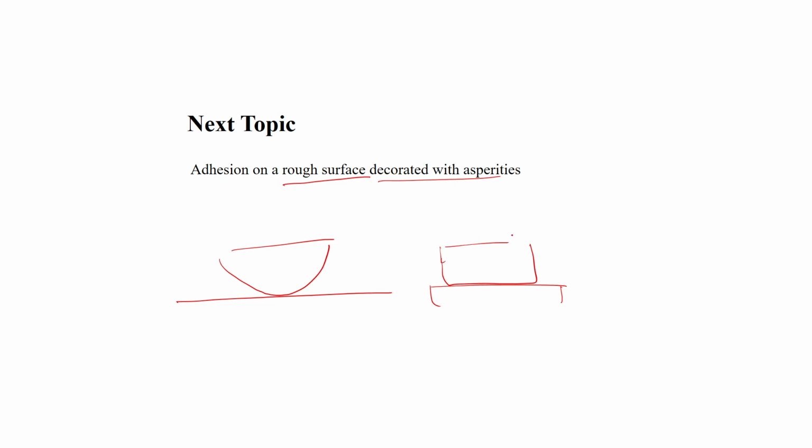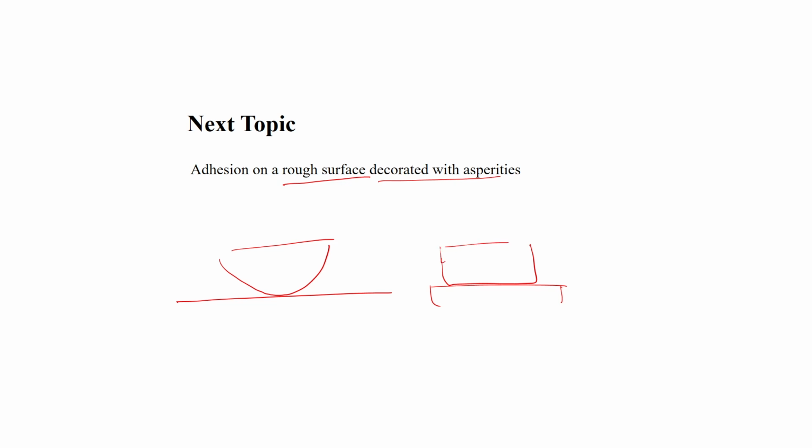So, I will now shift to another very important and interesting problem in adhesion with these soft adhesives, and it is about adhesion on rough surfaces, okay, which are decorated with asperities. So, we have talked about all this time about adhesion on smooth surfaces, okay, something like this, or let us say another surface, which is also, so these are all smooth surface.